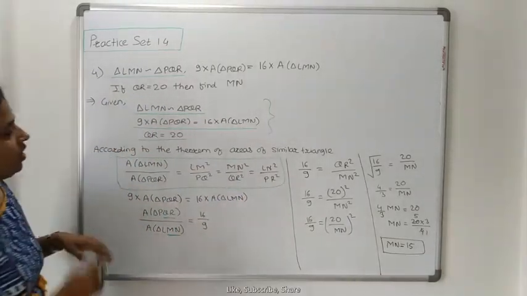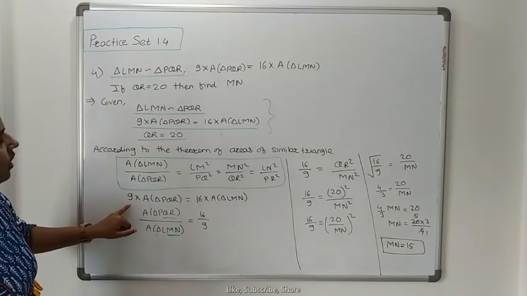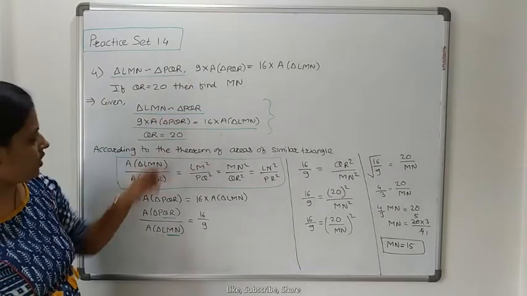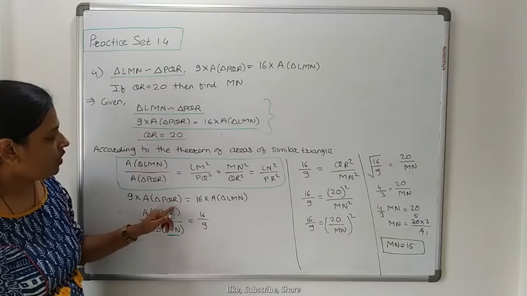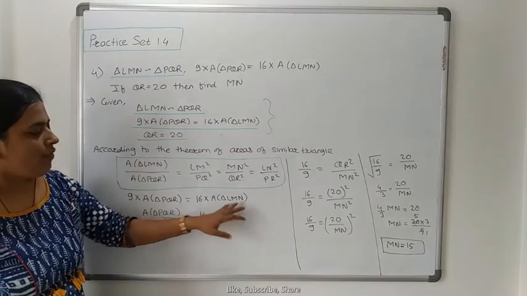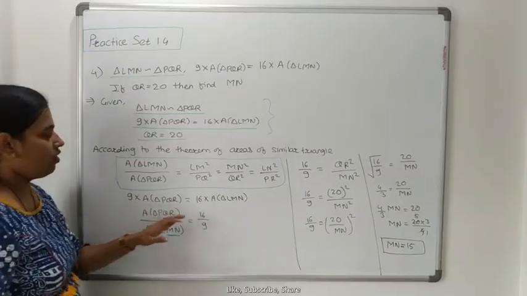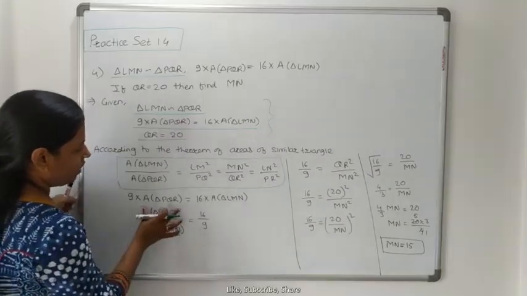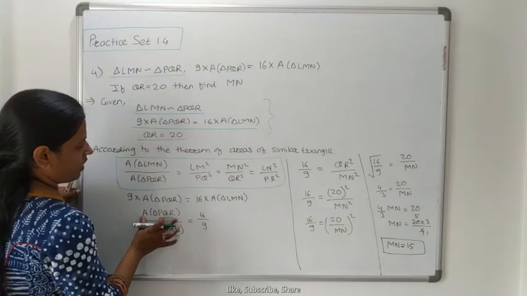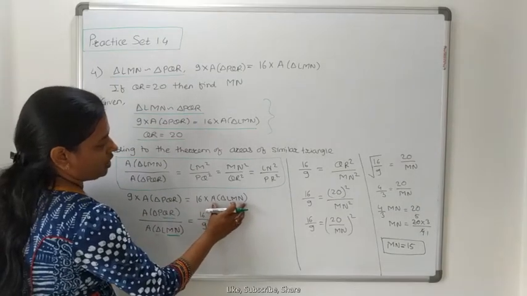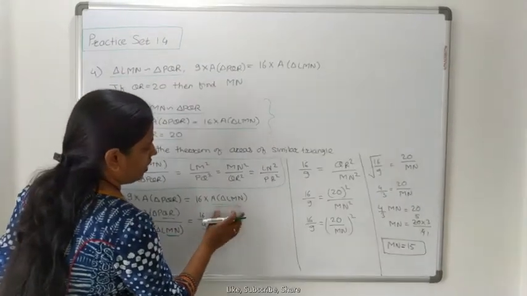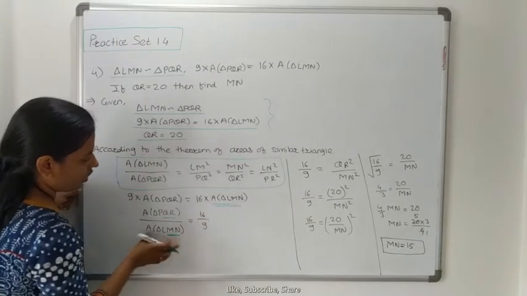Clear? So next thing is what? What is given here? That is this relation. 9 into area of triangle PQR is equal to 16 into area of triangle LMN. So we have to change the side of this, or we have to make some arrangement here. Area of triangle PQR, take it as it is, and we have to change the side of this part. Okay, when we change the side of this part, it goes in denominator.